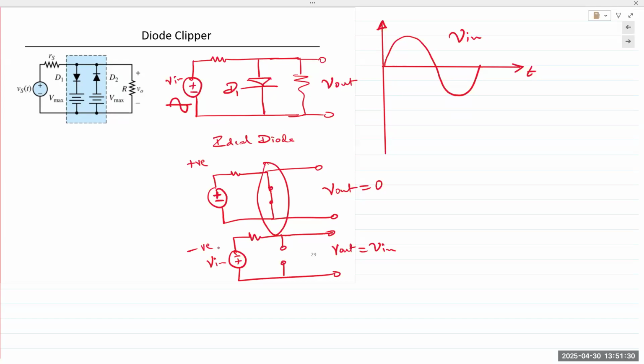In these circuits, we are simply taking the output across the diode itself. So the positive half cycle is clipped, and we only obtain the negative at the output. So the positive half is chopped off, or clipped.